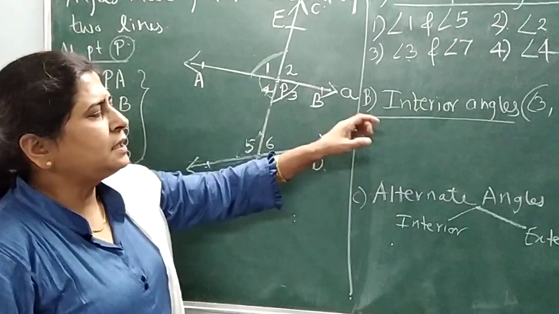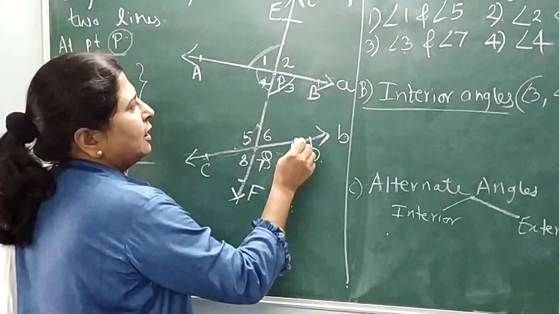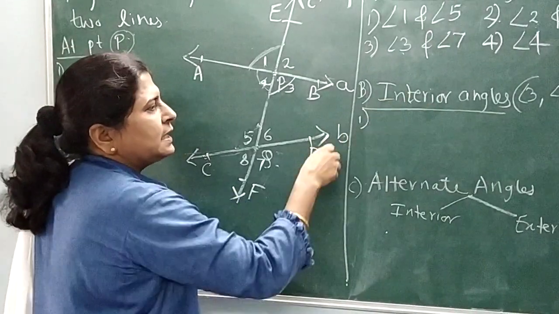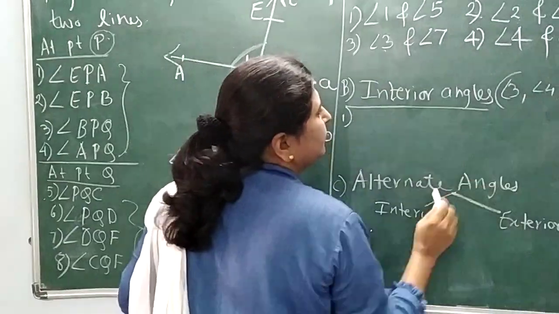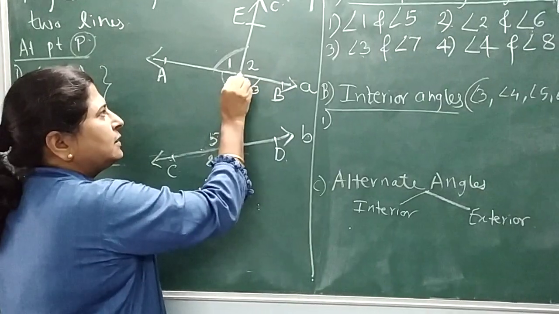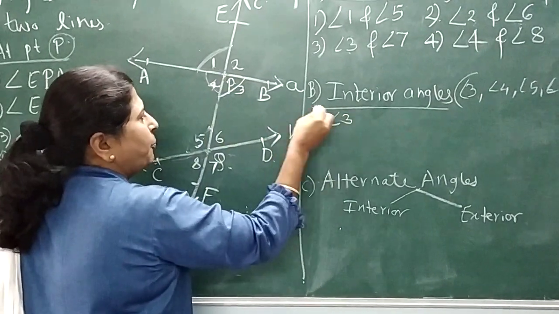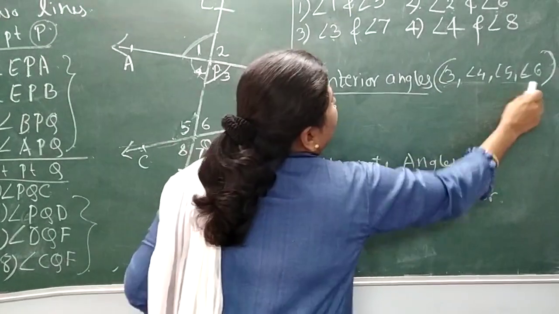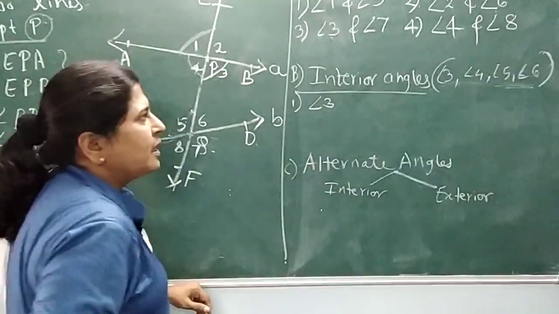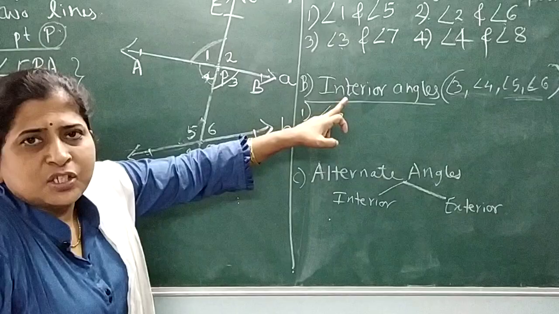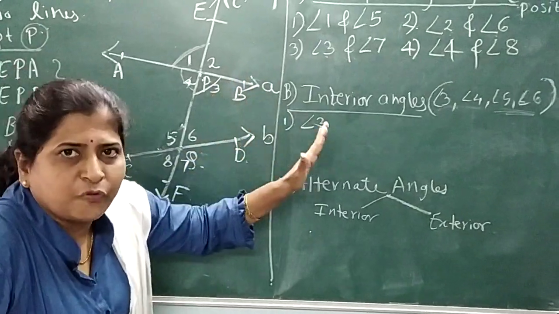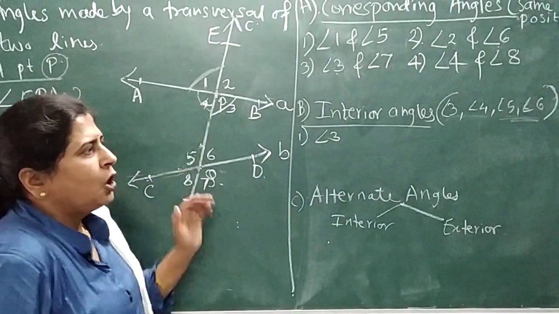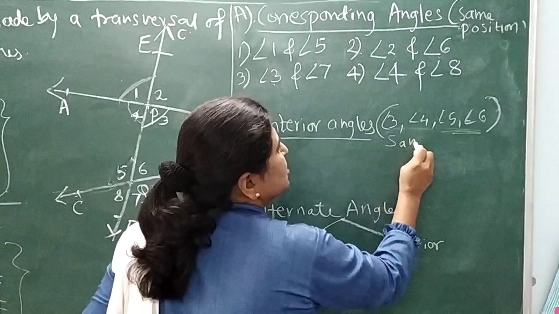Now if you want to see the pairs of interior angles, what do we have to do? We have to select two angles from these. If we select angle 3, which is at point P, the other cannot be 4. It should be one of these two, 5 or 6. Now interior angles are such angles which are on the same side of the transversal.